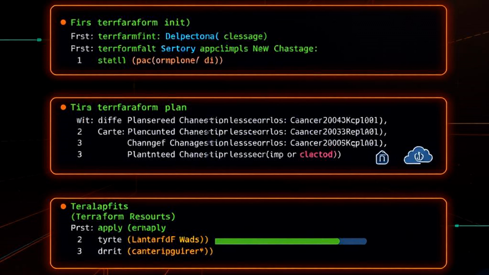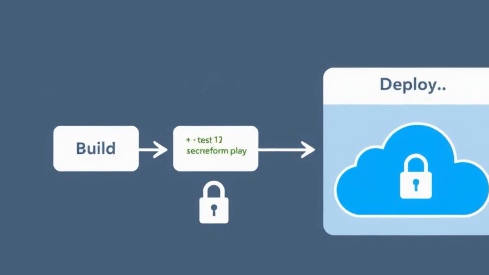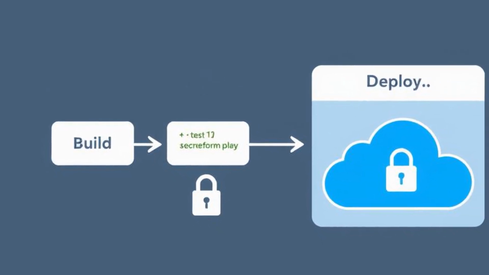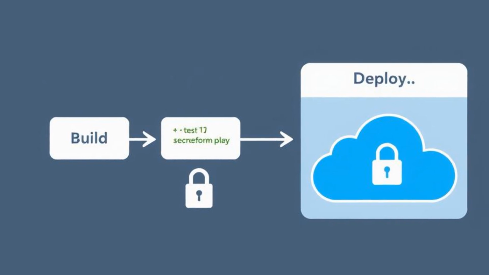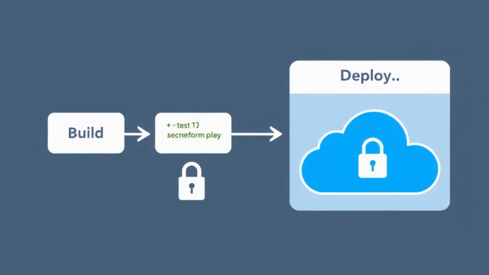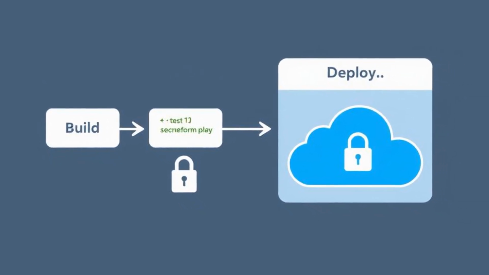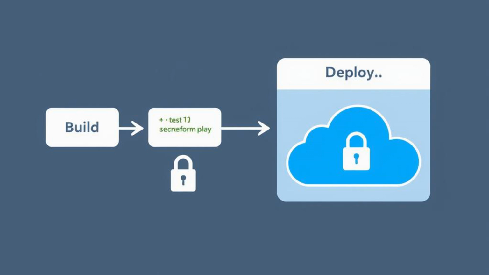Crucially, we attach a security group to this EC2 instance. Security groups are virtual firewalls that control inbound and outbound traffic. For our web server, we'll configure it to allow SSH, port 22, for remote access and HTTP, port 80, for web traffic from anywhere.